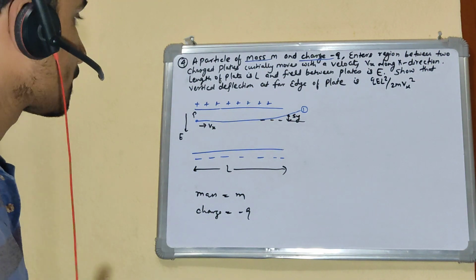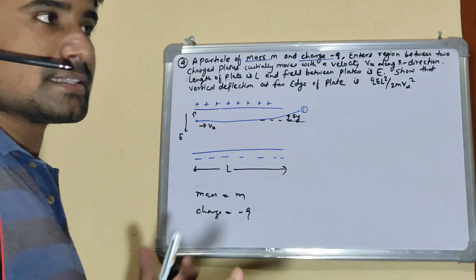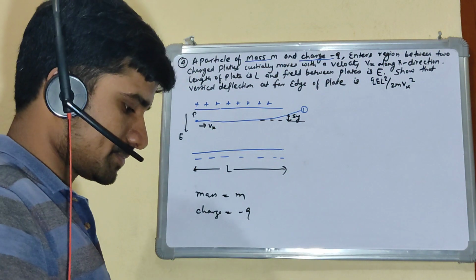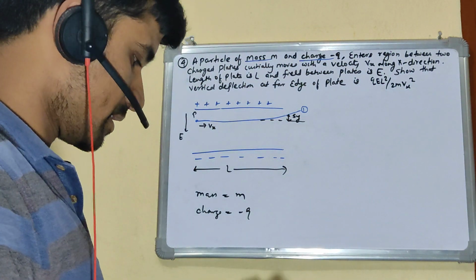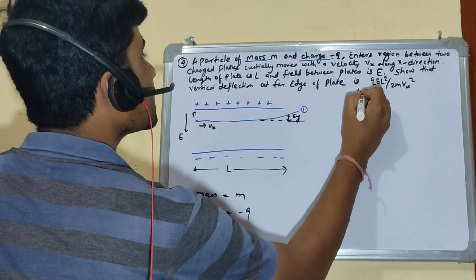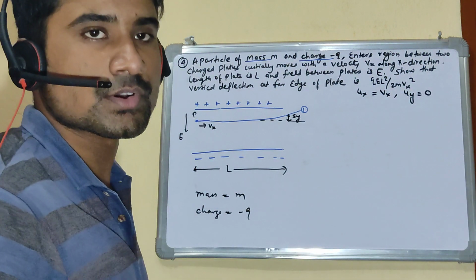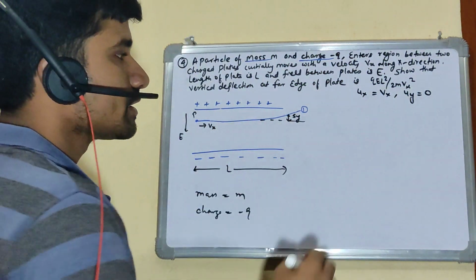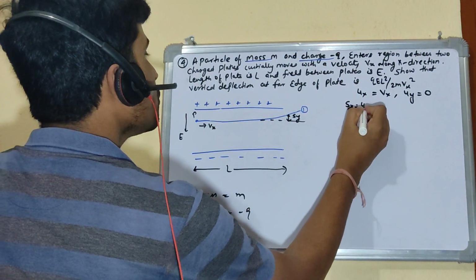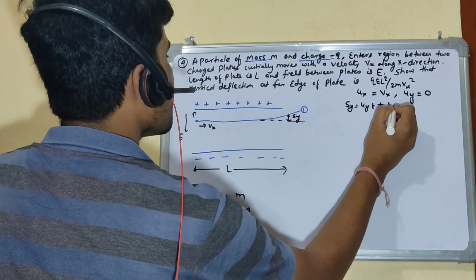Okay. Again, let's go by laws of motion here, right? So the initial velocity along the x direction is nothing but vx. But what about the initial velocity in y? It is 0, right? Deflection, you know the formula, sy equal to uyt plus half ay t square, right?